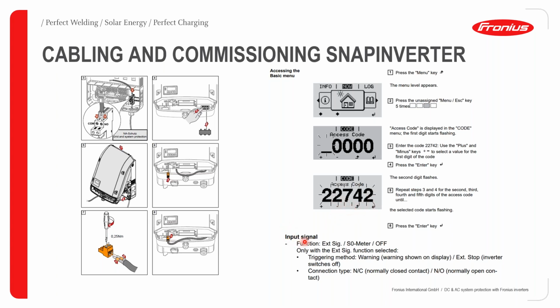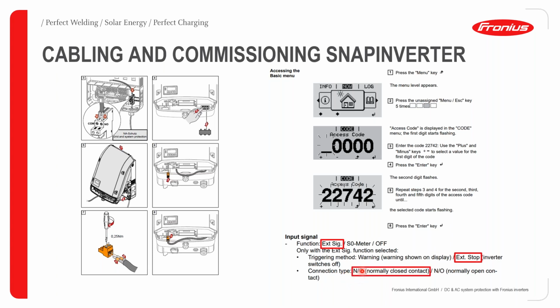Scroll to the input signal, and then next is to select external signal. Selecting external signal means that we are introducing an external signal into the system. What are we introducing this external signal for? We want it to effect a stoppage of the inverter because the inverter needs to be turned off in the case of a fault. So what is the connection type? That is the next option you need to select. That is the normally closed.